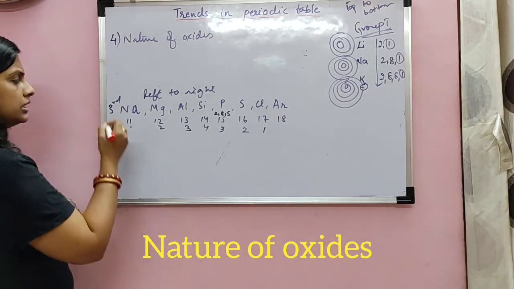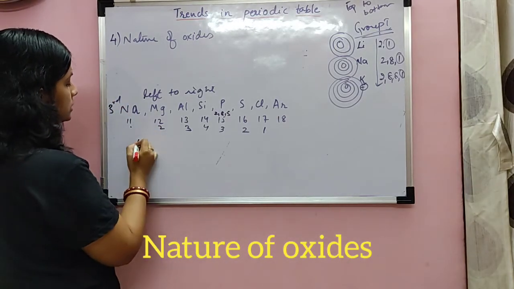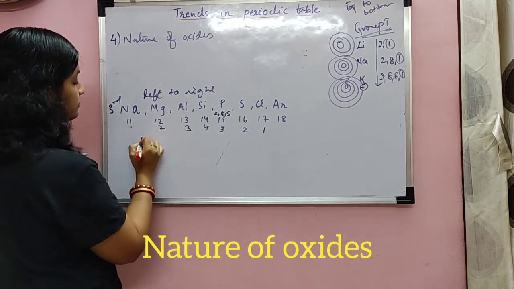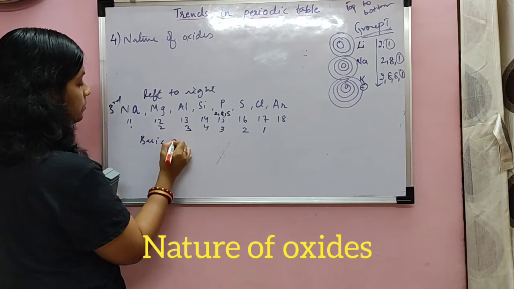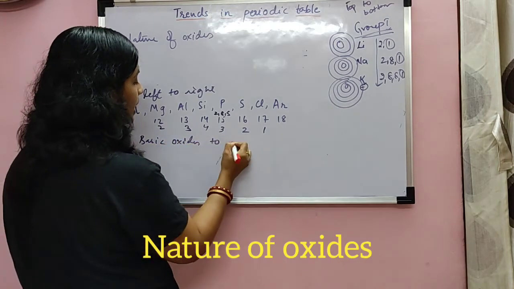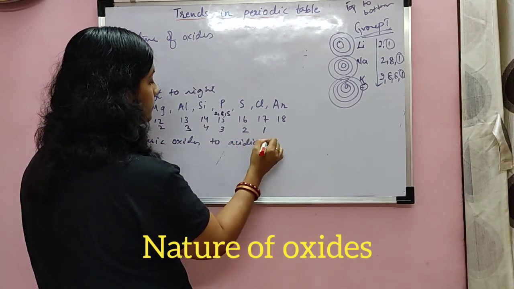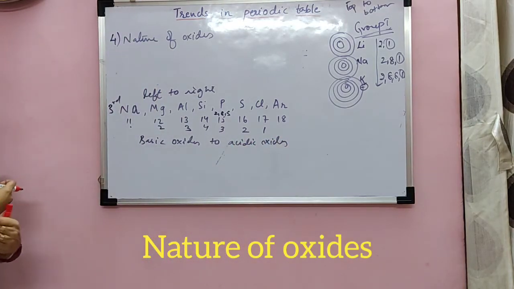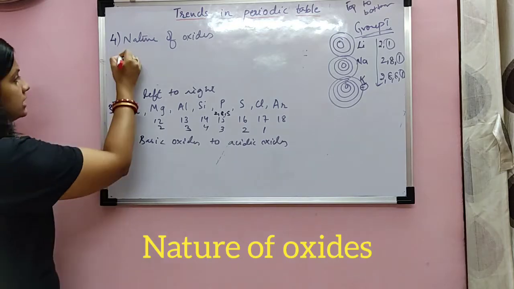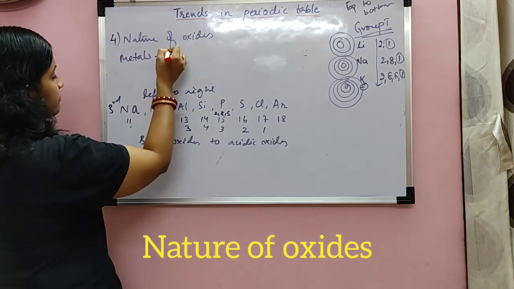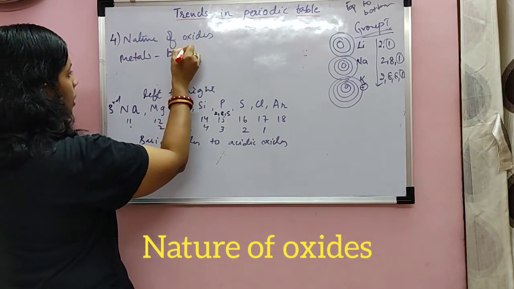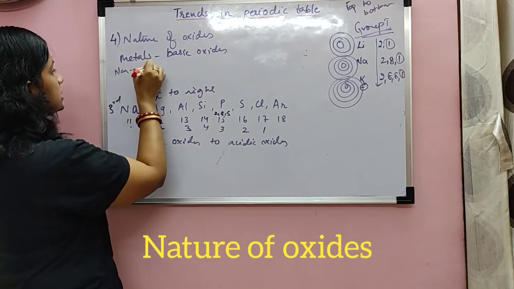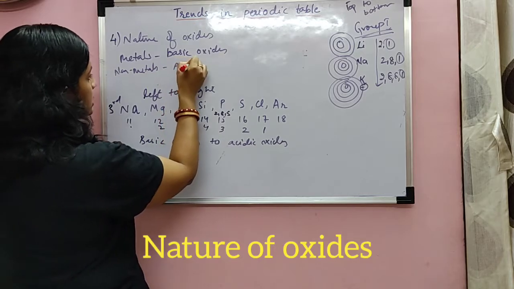So definitely the nature of oxides will also be converted from basic to acidic oxides. So I'll just write here that metals form basic oxides and non-metals form acidic oxides.